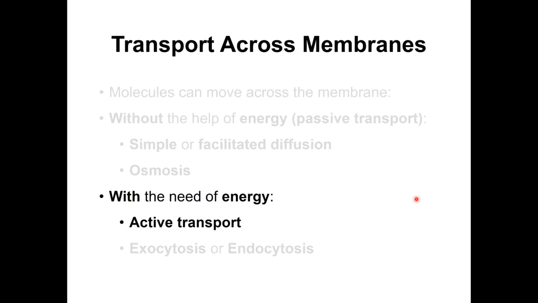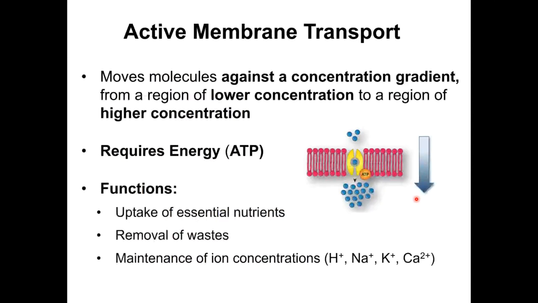In that case, we talk about exocytosis, endocytosis, or vesicle-mediated transport. In both cases, this movement moves the material in opposite directions, against the concentration gradient, and therefore requires energy. Let's start with the active transport.